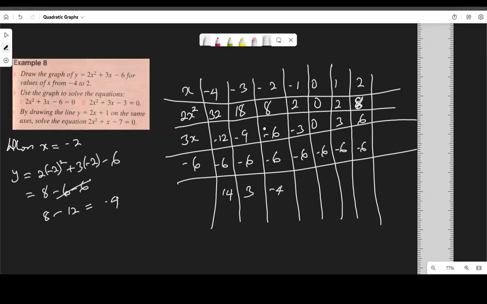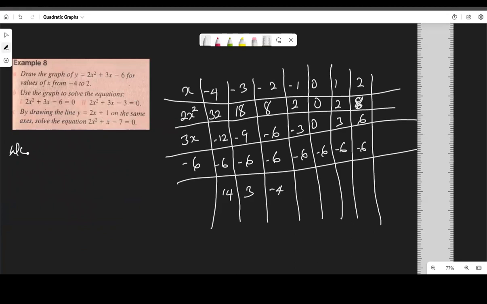When x is equal to minus 1, y is equal to 2 times minus 1 squared plus 3 times minus 1 minus 6.